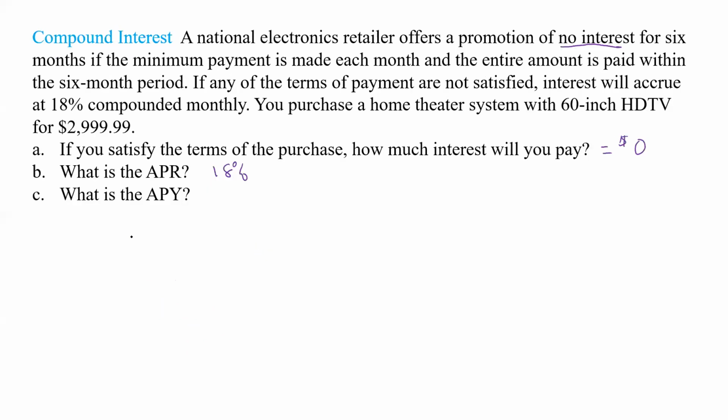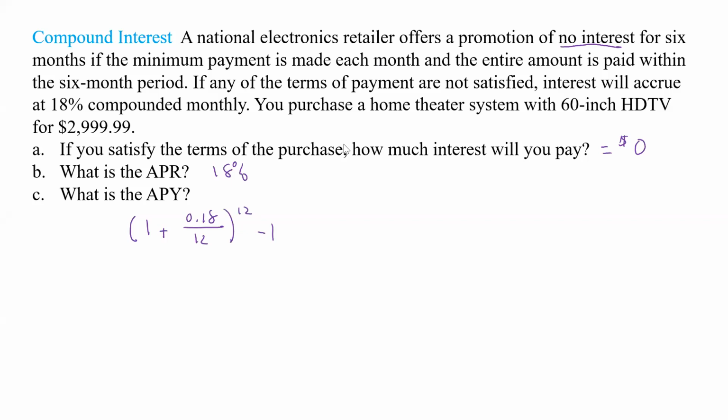So this one calls for a little work here, and so we have 1 plus our rate, 0.18, divided by our n, and since we're doing monthly, the n is going to be 12. We raise that to the power 12, and then we subtract 1.